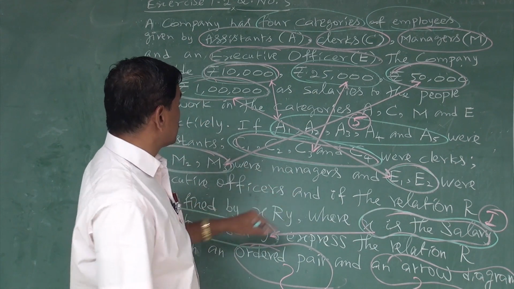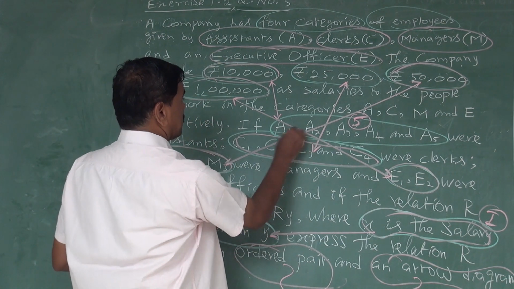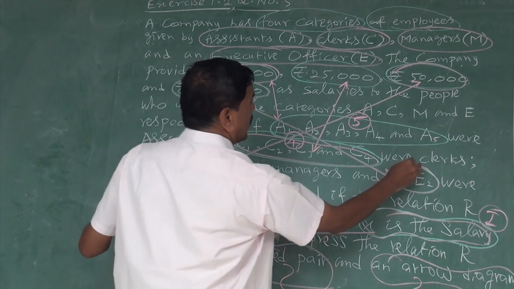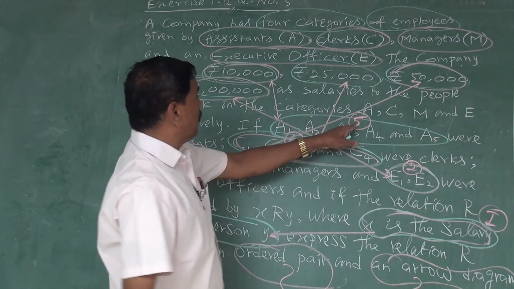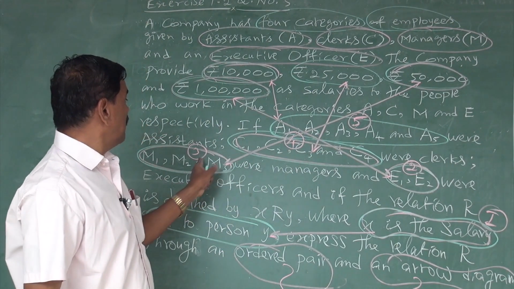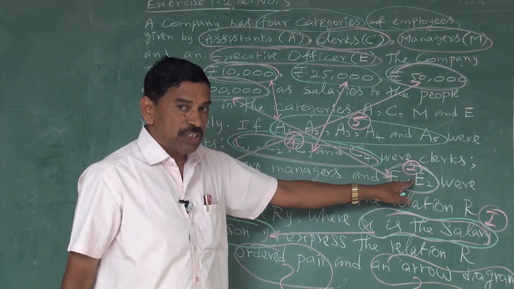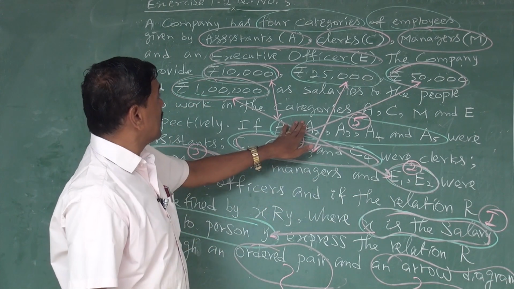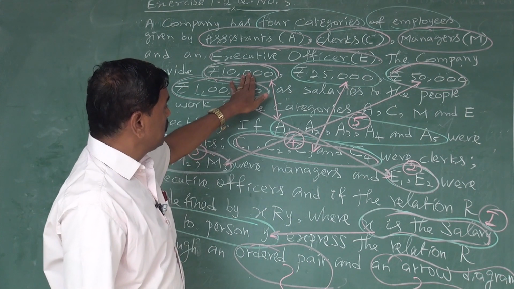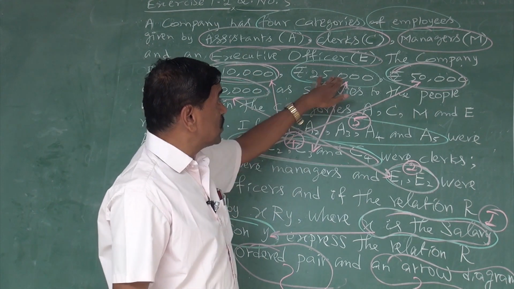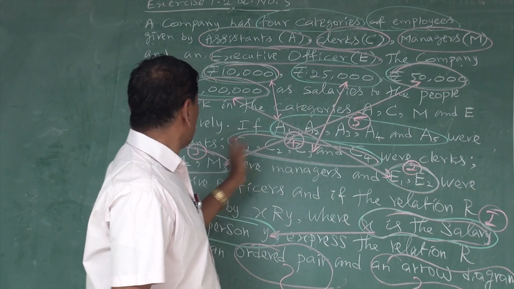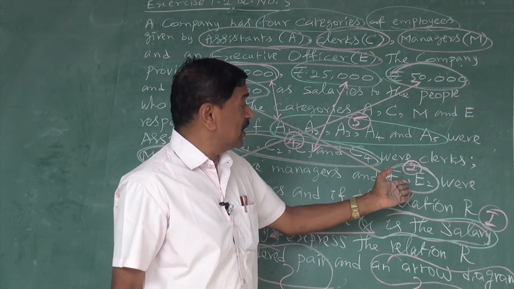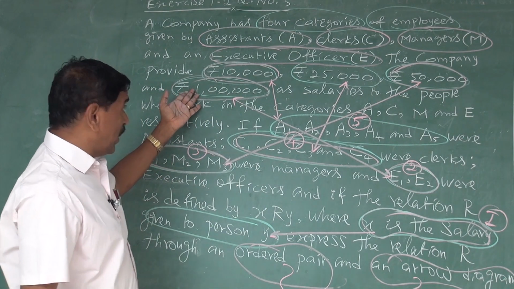There are 4 clerks, 3 managers and 2 executive officers, 5 assistants, and their respective salaries. Each assistant gets rupees 10,000, each clerk rupees 25,000, each manager rupees 50,000, each executive officer 1 lakh.